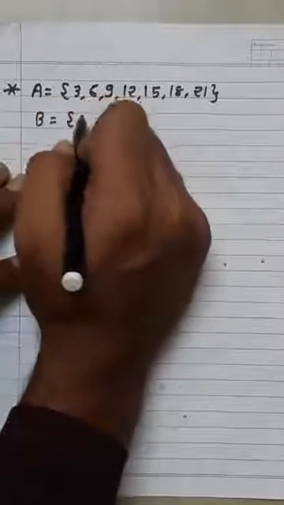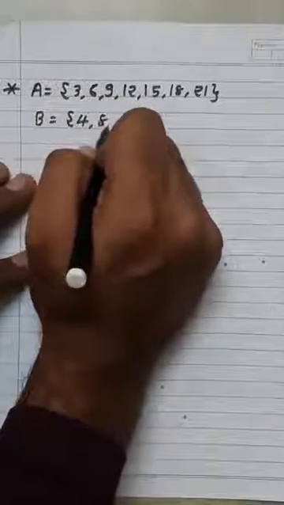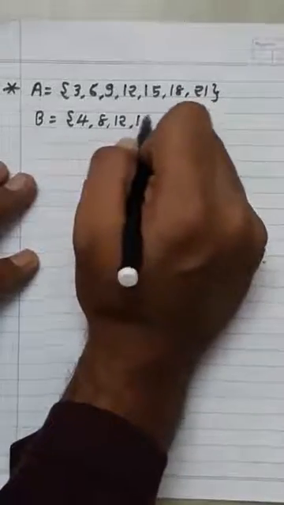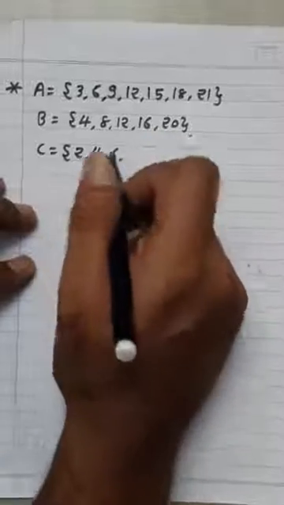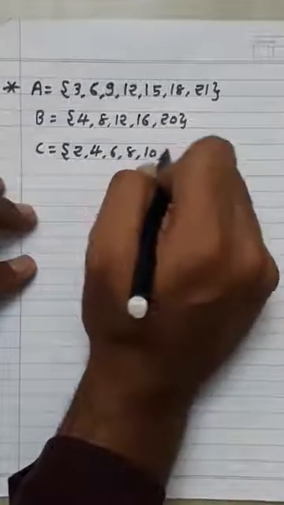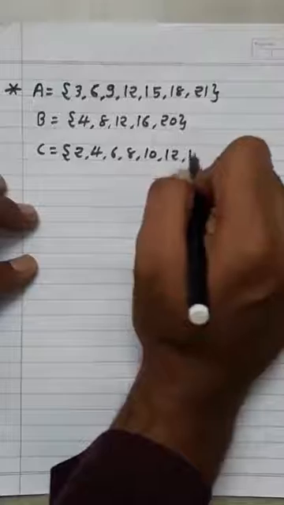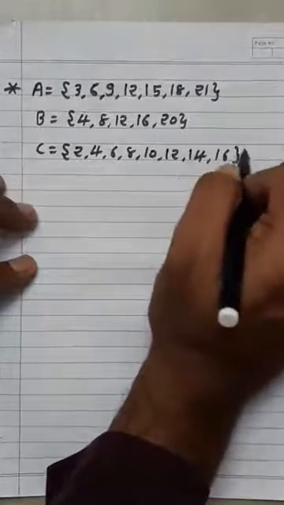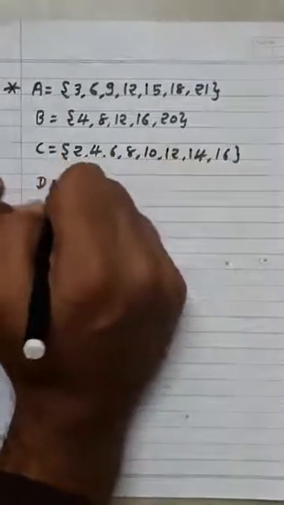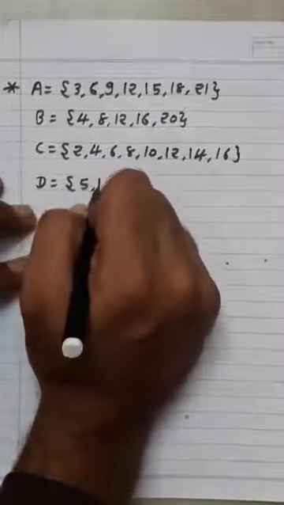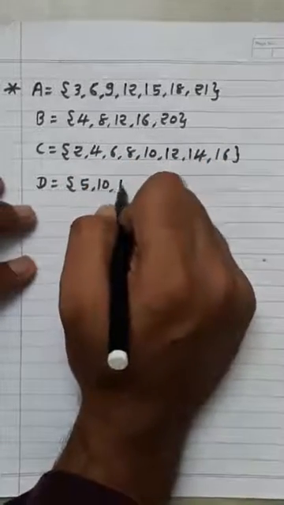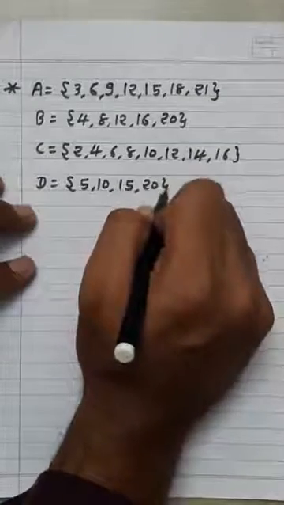B is equal to set of 4, 8, 12, 16, 20. C is equal to set of 2, 4, 6, 8, 10, 12, 14, 16. And D is equal to set of 5, 10, 15, 20.